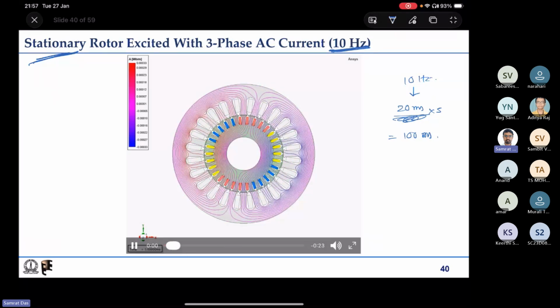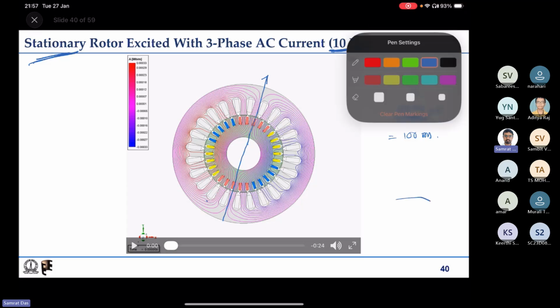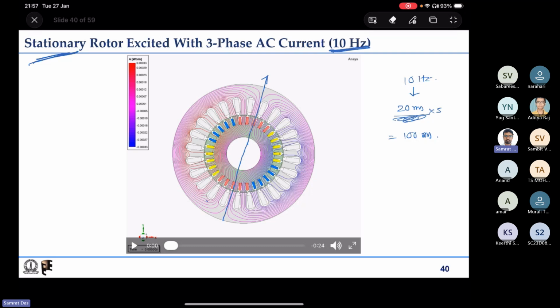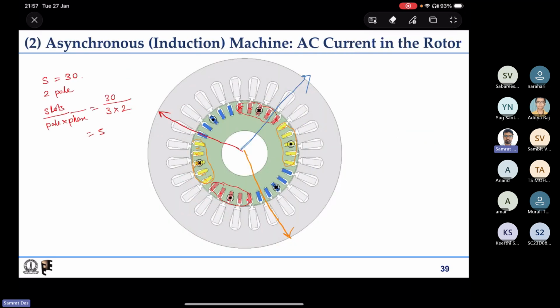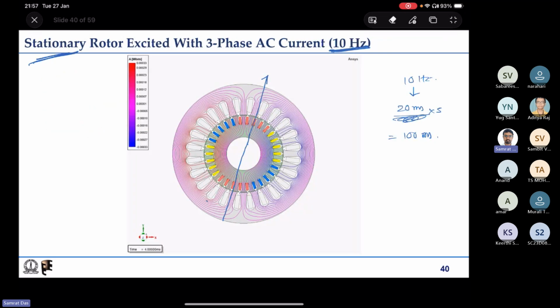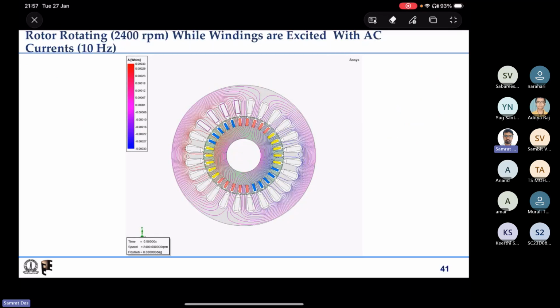Just to see where it started from, the initial magnetic field direction is here, right? It started from here. Now, as I run this, you can also look at the time.